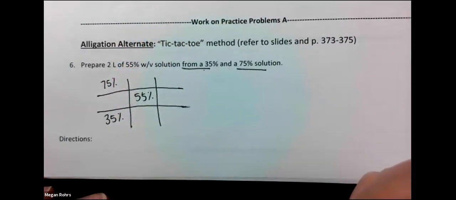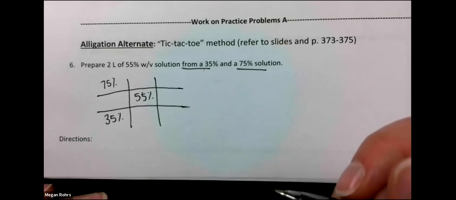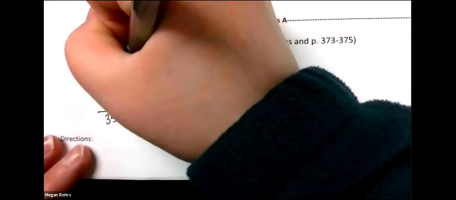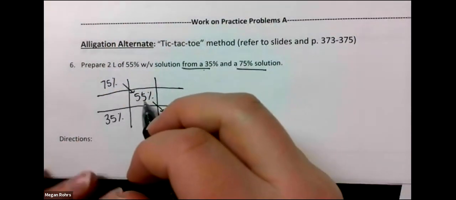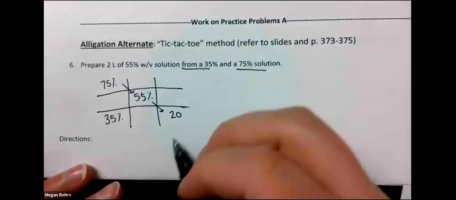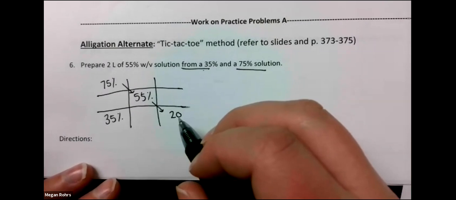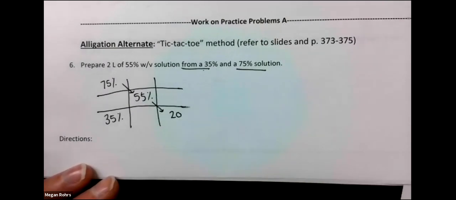Now, step 4, we're going to subtract diagonally. So we're going to go this way: 75 minus 55 leaves us with 20. You don't have to put a percentage here; we're just going to leave that as the whole number 20.